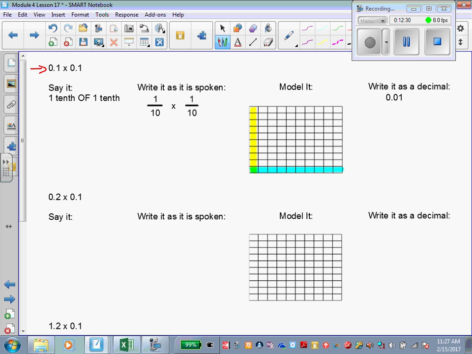Haley. 1/10 of 1/10. That is the mathematically correct way of saying 0.1 times 0.1. And then to write it as we said it, obviously 1/10 times 1/10, or 1/10 of 1/10.